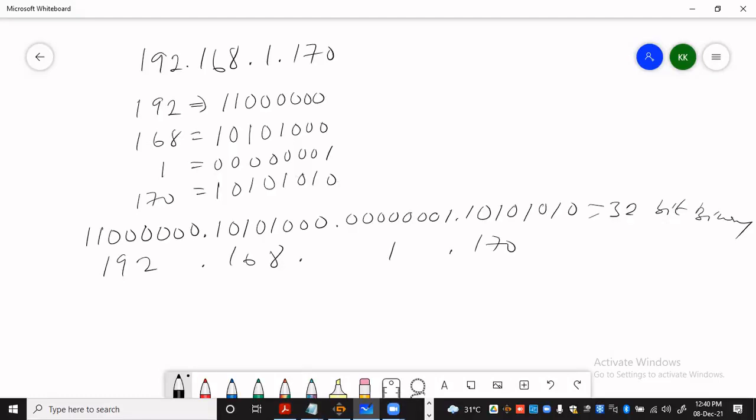Now let's move on. IP addresses consist of two parts. There's the part that identifies the network, and then the part that identifies the node.